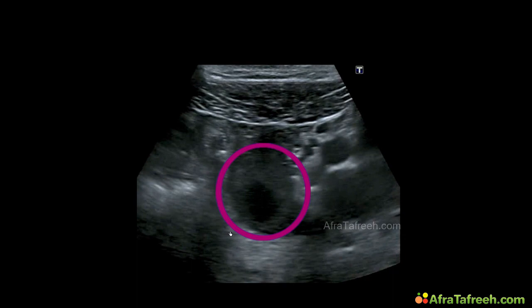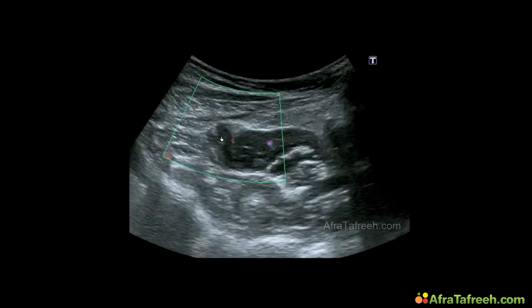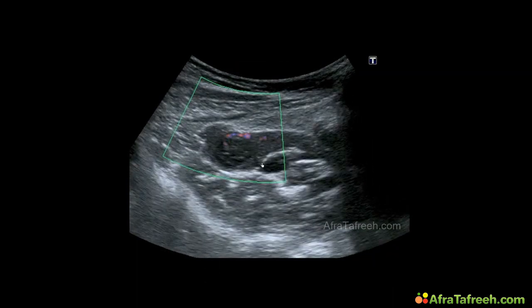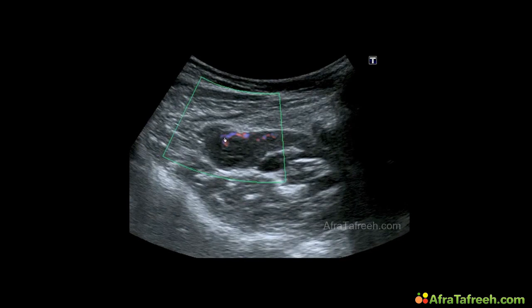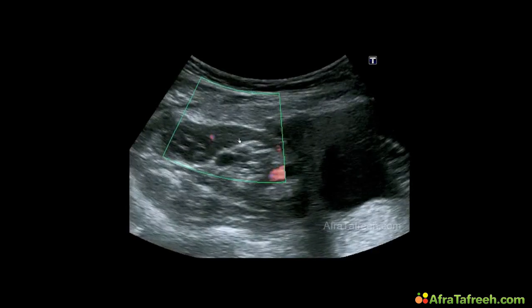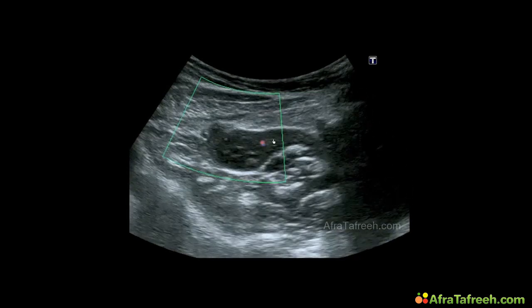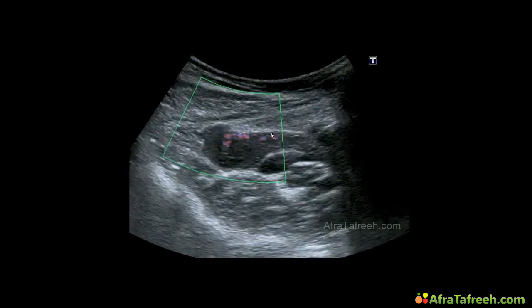In this case of a pregnant woman, we can nicely detect the ovary on the right side, also with some reflexes of color Doppler, indicating the blood supply from the ovarian artery. And we have also a glimpse of the fallopian tube over here.